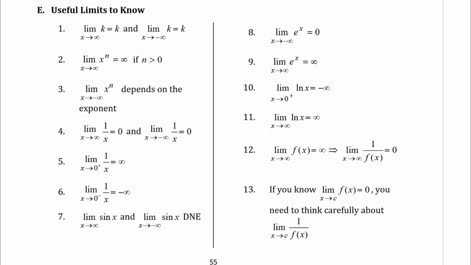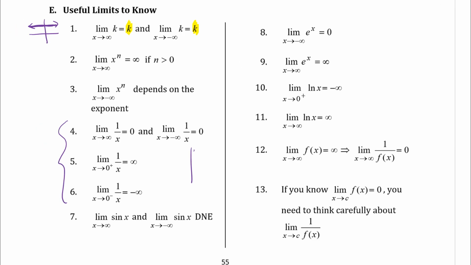So this first one we actually already talked about when I talked about constant functions: if you just think about the graph of the constant function, f of x equals k, when x gets large without bound in the positive direction or negative direction, those function outputs just stay k. 4, 5, and 6 are about the reciprocal function that we already talked about. And again, I really just talked about that from thinking about the graph, what x and y are approaching as we approach those asymptotes in those 4 different places.